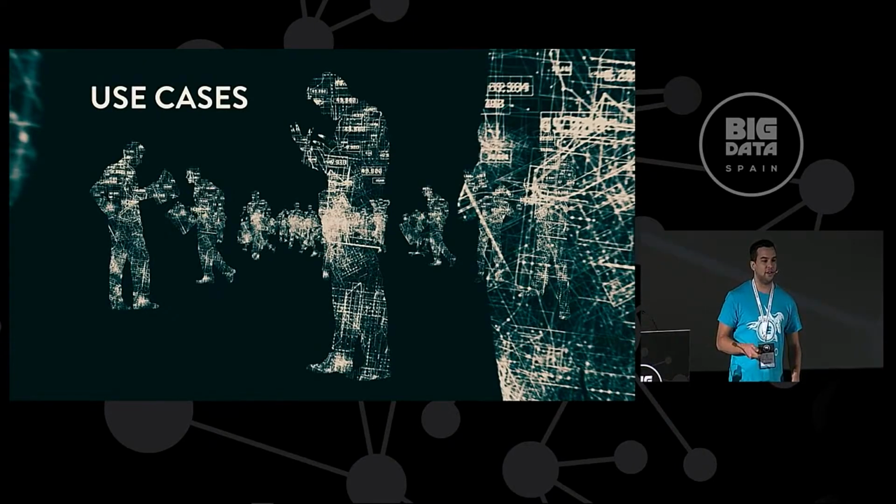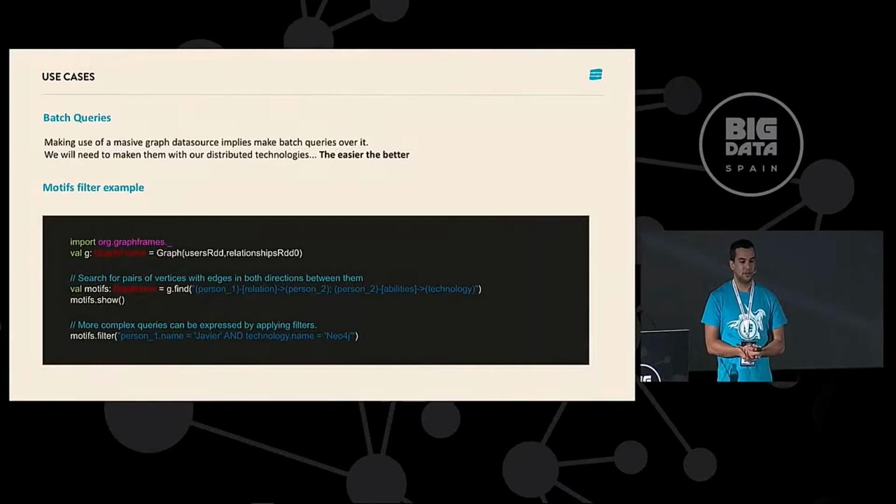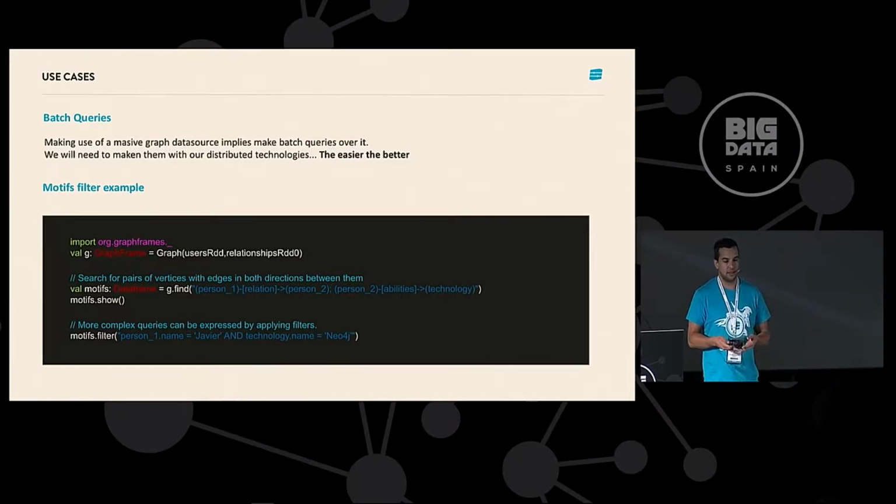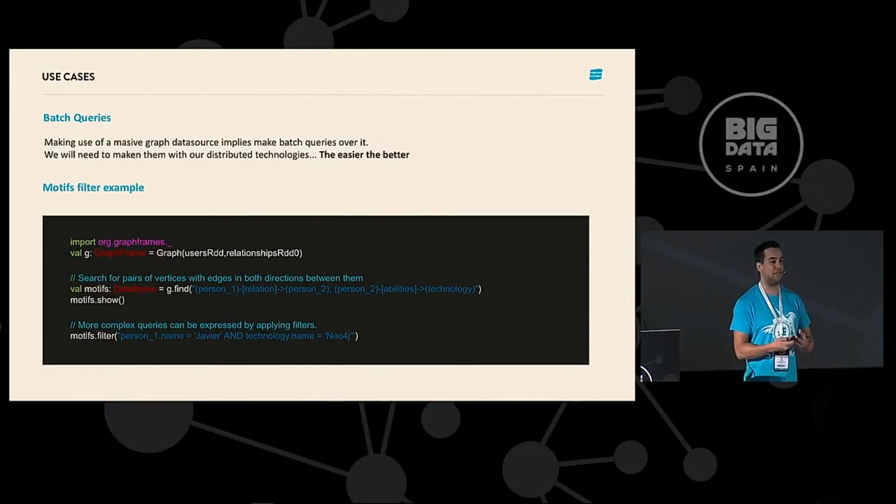The use cases we have covered in this solution, this environment, are the batch queries. We are dealing with a massive data set, so we need to be able to create massive queries. We need to move all this information and extract information from it, so the easier, the better.